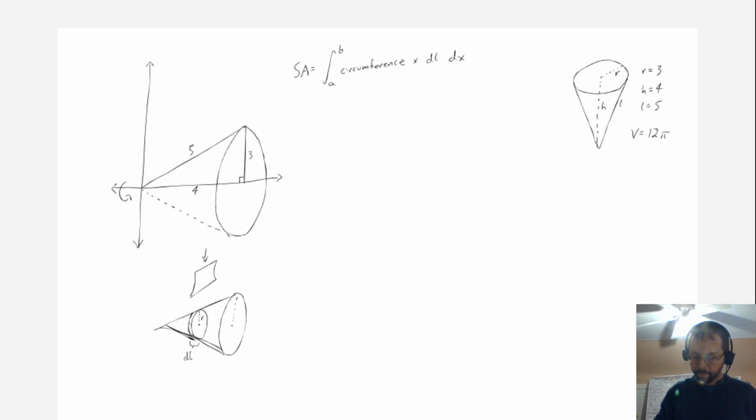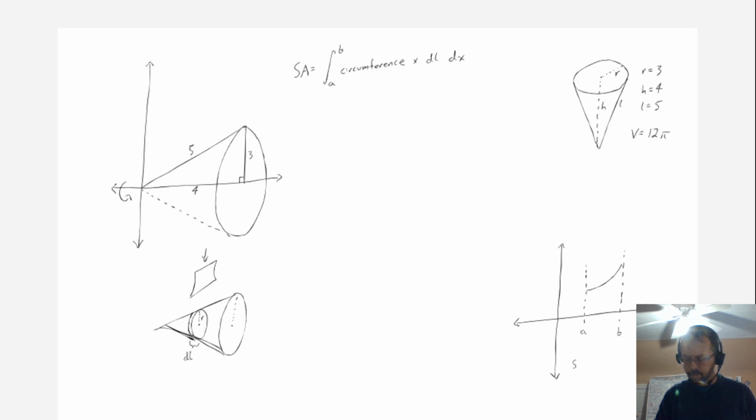So the formula for arc length, let's say you have some kind of random curve, and I'm only going to draw part of the curve on purpose. Let's say you have this curve, right? But this is just a piece of a curve that runs from A to B. If you want to figure out the length of that curve, you can use the formula.